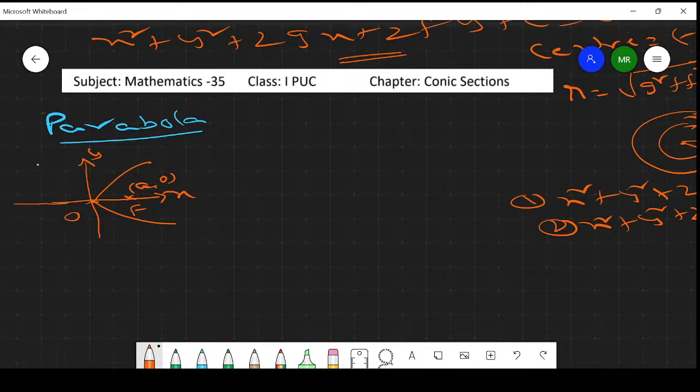If I extend this line and draw one more perpendicular line, you can observe here, let this point be some Z. Remember always, this point will be minus a comma 0.